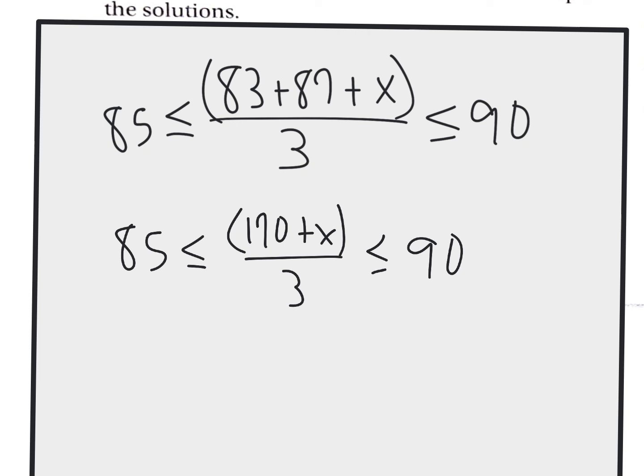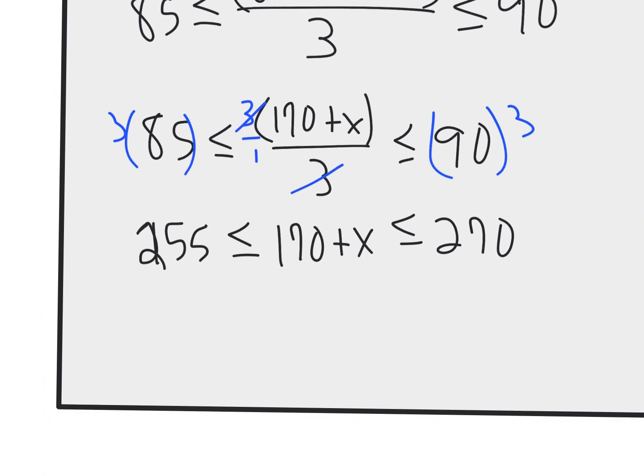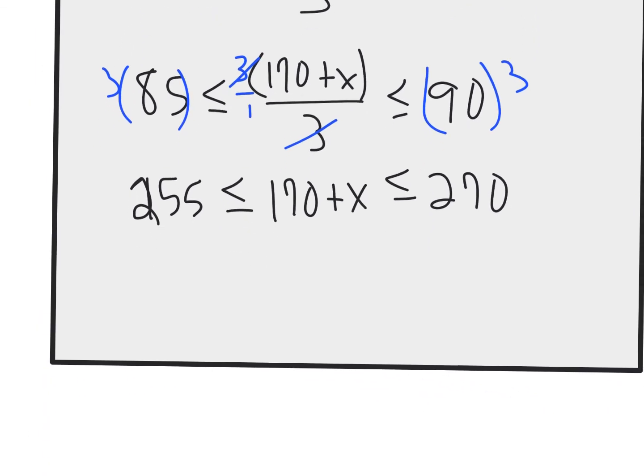And then they're dividing, so we could multiply by 3 on all 3 parts of the inequality to get rid of the fraction. And then we can subtract.